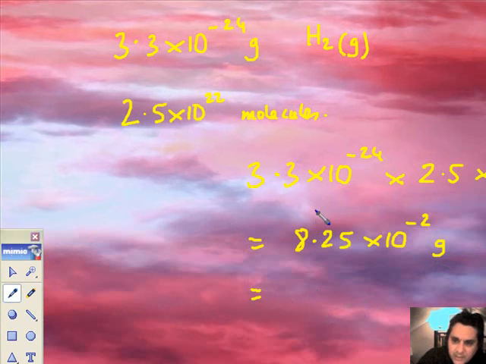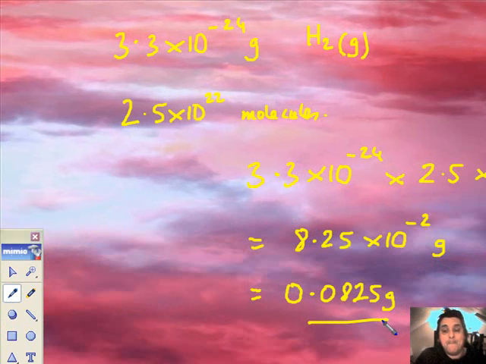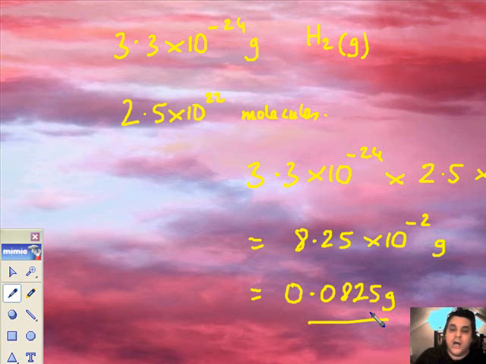Put it in real money, go back twice, doing 0.0825 grams. So here we go, real figures now, real masses in bits of a gram. So a whole litre of hydrogen gas will weigh 0.0825 grams. Not very heavy, is it? You wouldn't even know you're carrying anything. So that's that question. I think it's a real beaut.